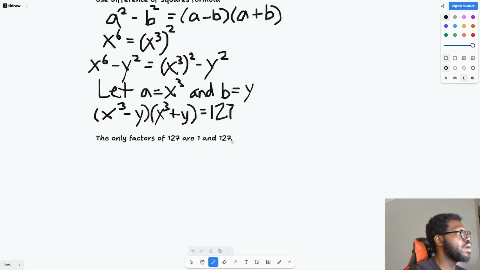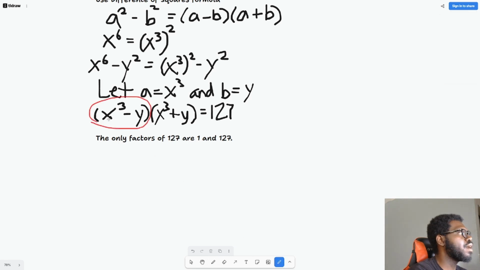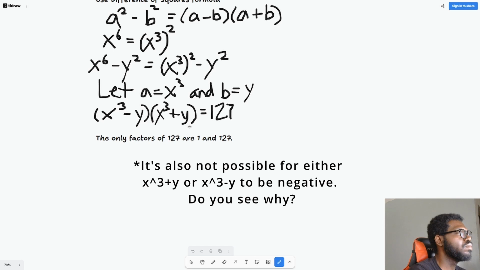This is important to keep in mind. But also, since x and y are integers, that means that either x cubed minus y is equal to 1 or 127, or x cubed plus y is equal to 1 or 127.